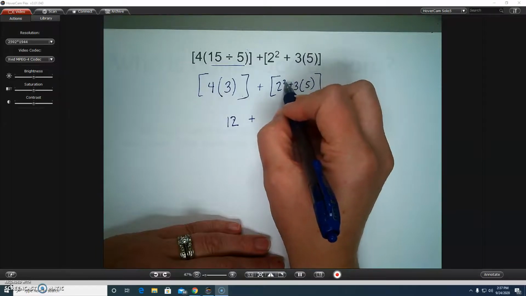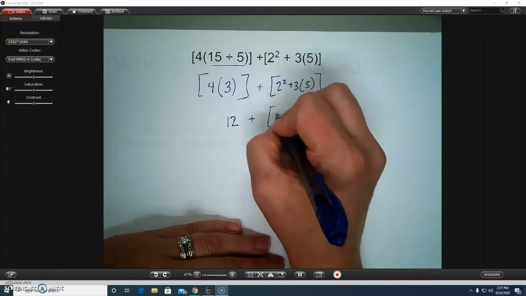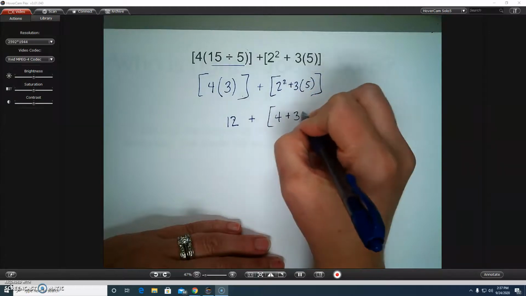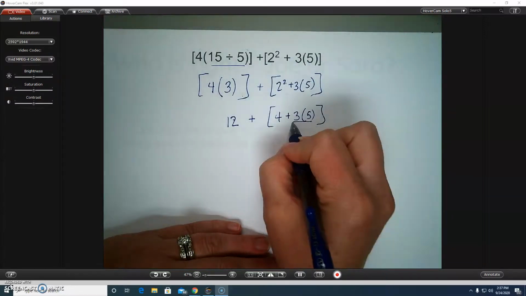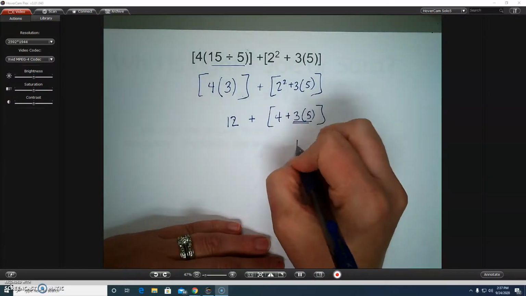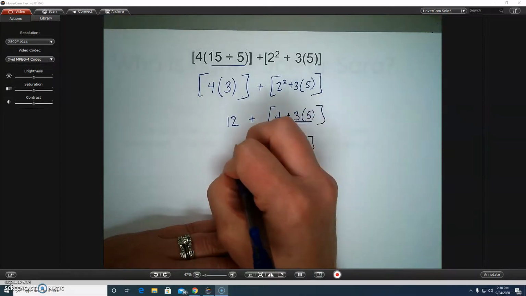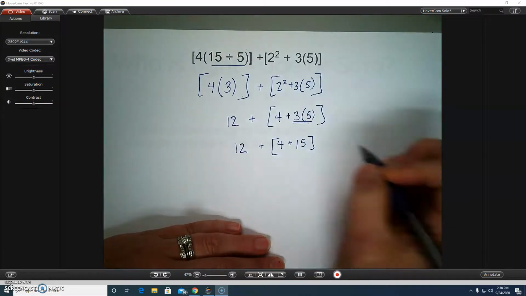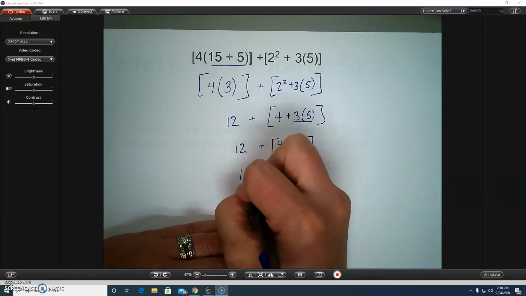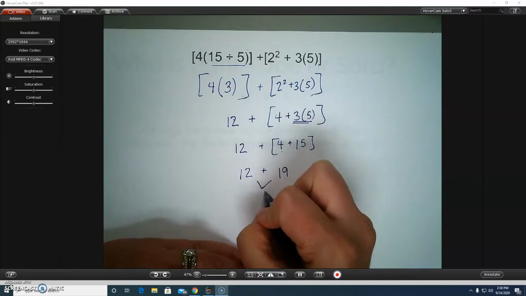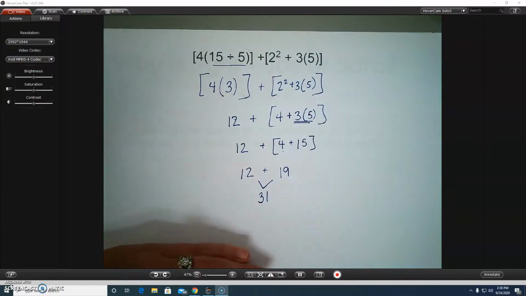This is telling me to multiply 2 2's times themselves, so I'm going to get 4 plus 3 times 5. Now multiplication comes before addition, so I'm going to get 15. Once again, everything else stays the same. And then 4 plus 15 is 19. And when I combine the 12 and the 19 in the last step, I get 31.